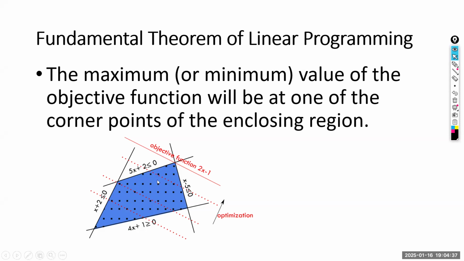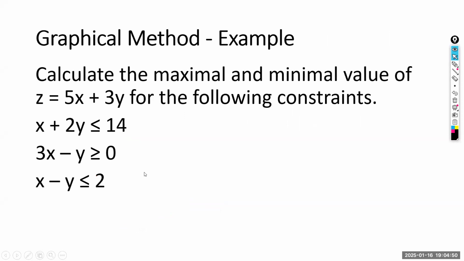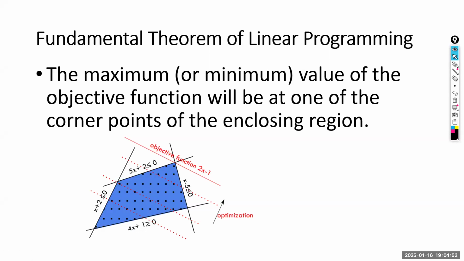Then the enclosing area is the feasible area, and additionally you can use that your variables are bigger than zero as another constraint. Okay. We use the fundamental theorem of linear programming, because your objective function is something like this, 2x minus 1.